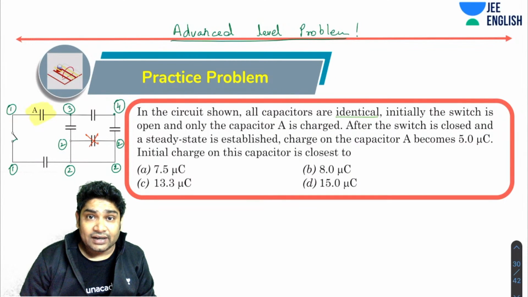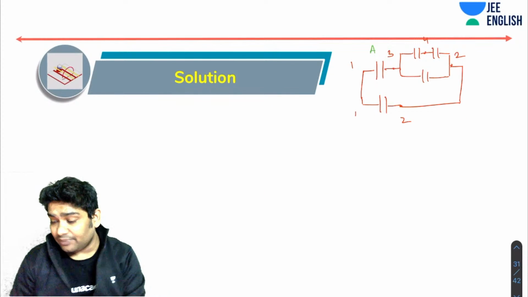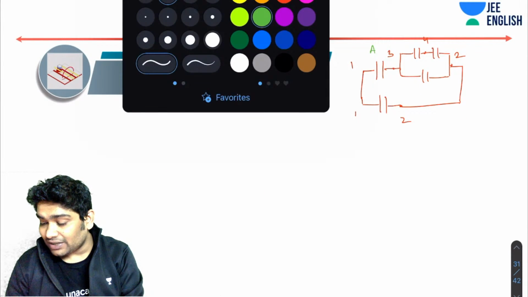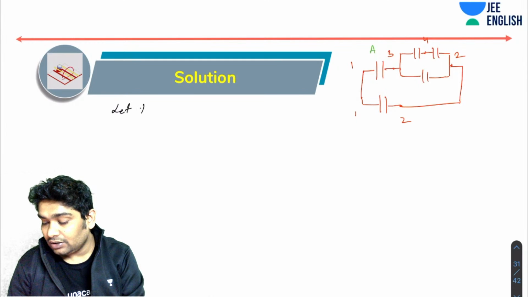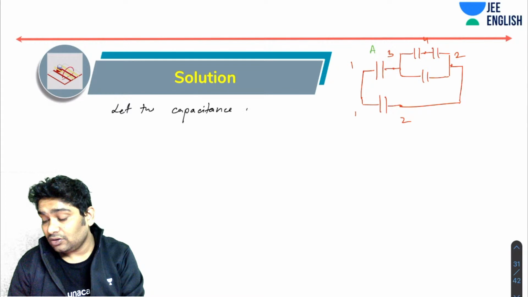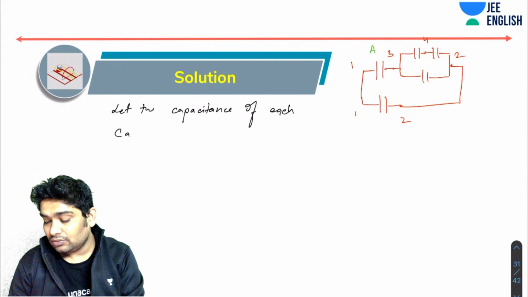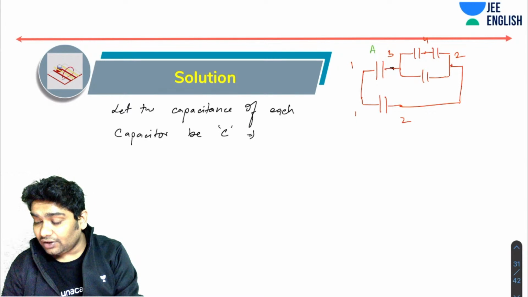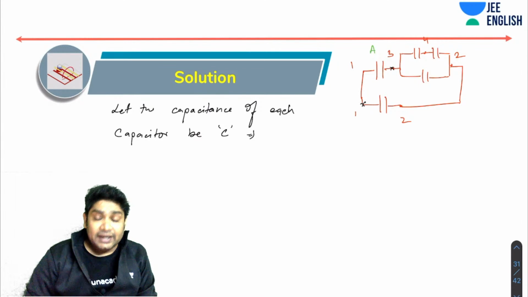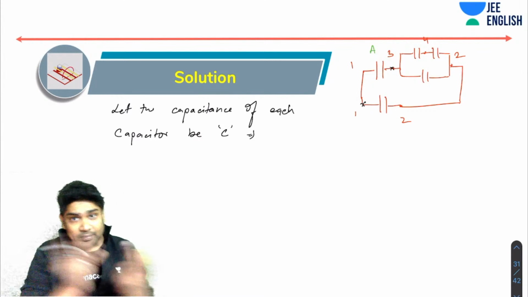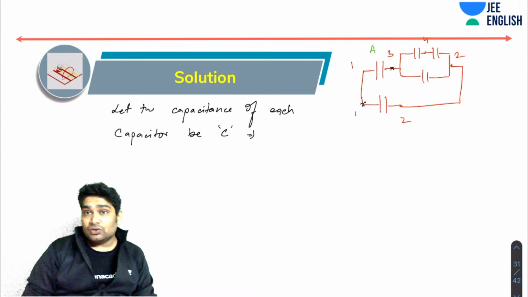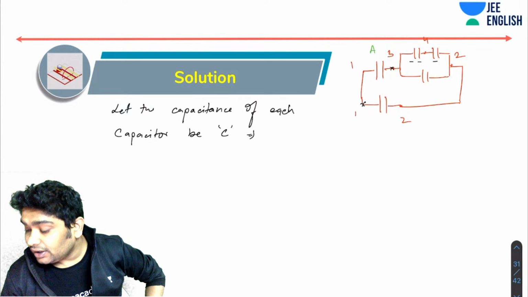Now, these were all identical capacitors. Let's imagine that their capacitance was C. Let the capacitance of each capacitor be C. So I want to find the equivalent of all this, the final equivalent capacitor that I've connected in parallel to capacitor A. For all this, you have these two in series.